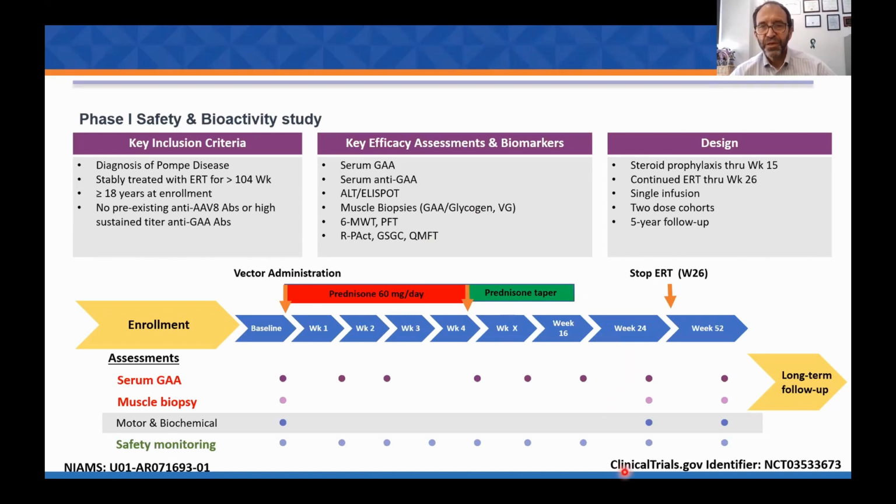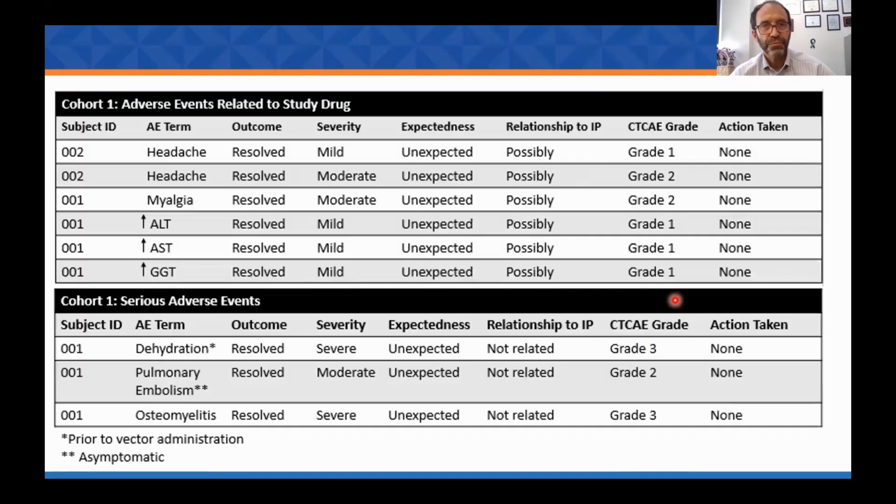We monitored the patients carefully with a special attention at week 24, when by certain criteria we could stop the next ERT dose at week 26, stop ERT, and then monitor for the rest of the year out to week 52.